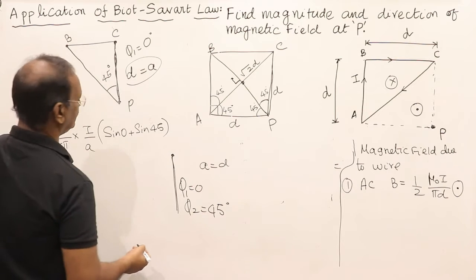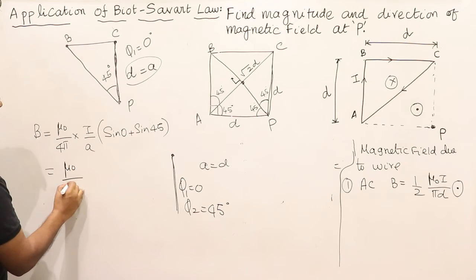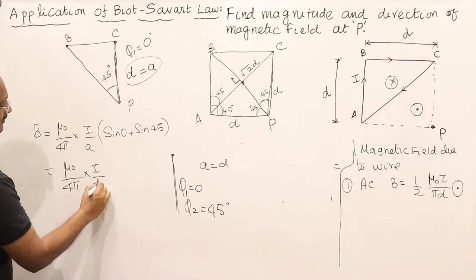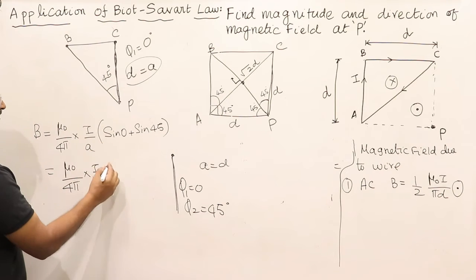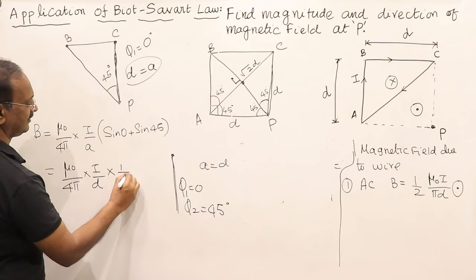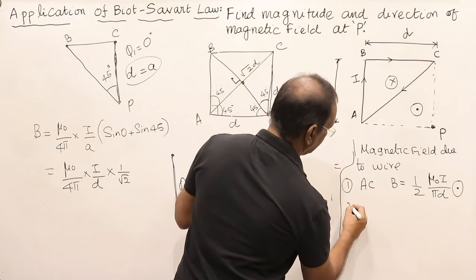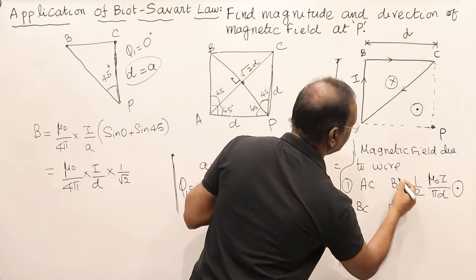Sin 45 is equal to 1 by root 2. So this is equal to mu naught by 4 pi into I into D. In place of A, it will come D. Sin 0 is equal to 0, plus sin 45 is equal to 1 by root 2. So due to segment BC, the magnetic field we call it as B1.